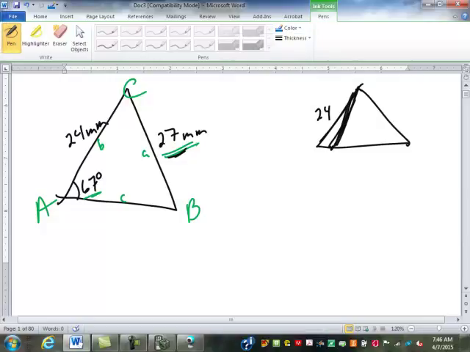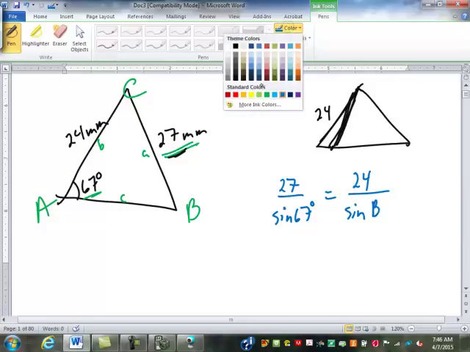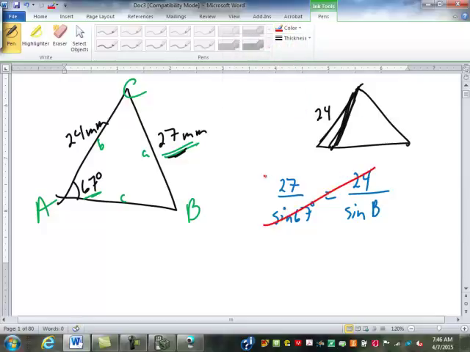So anyway, over here, we have 27 over the sine of 67 degrees equals 24, the only other piece of information we have, over sine of angle B. Here, remember, we're going to have a two-step process.